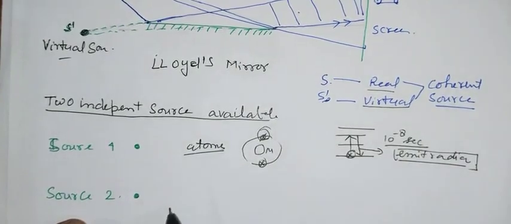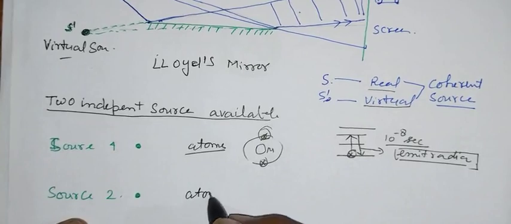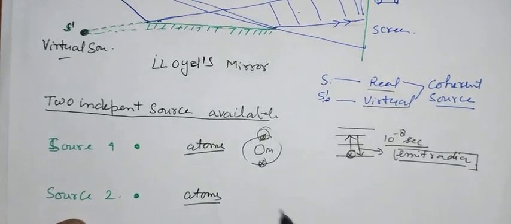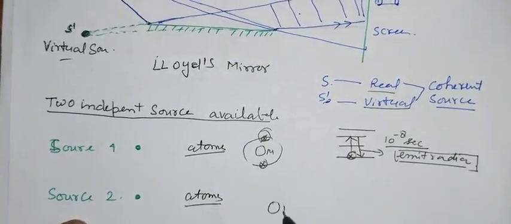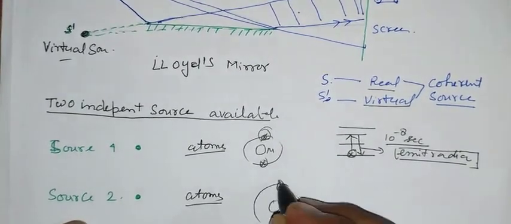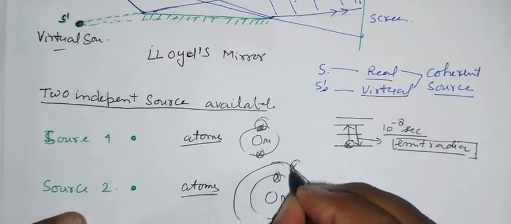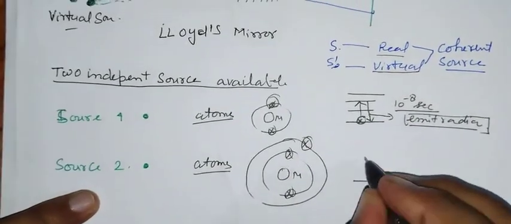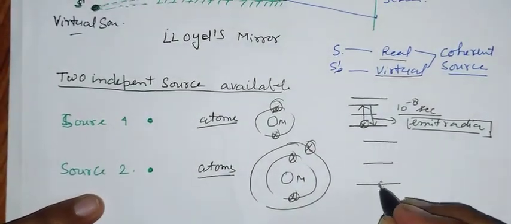Source 2 is also made up of atoms, with a nucleus and electrons revolving around it in various orbits. Their energy levels may be different.